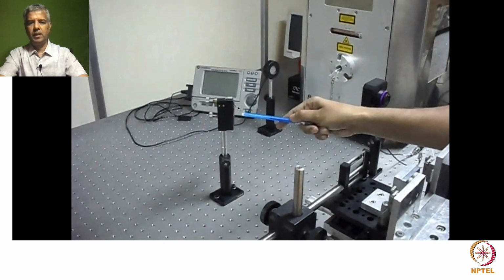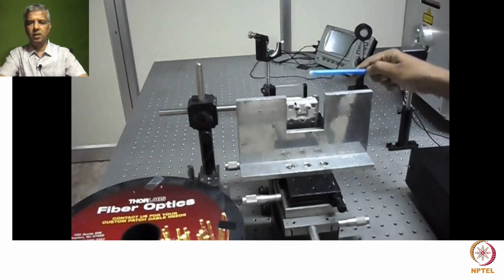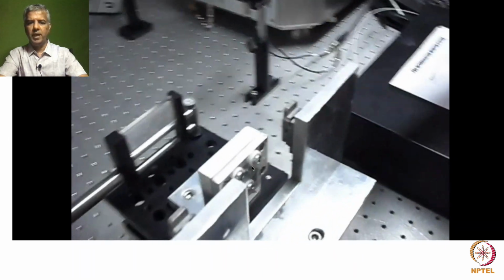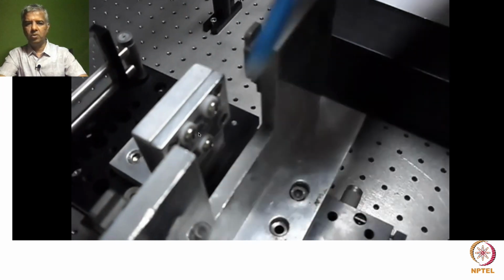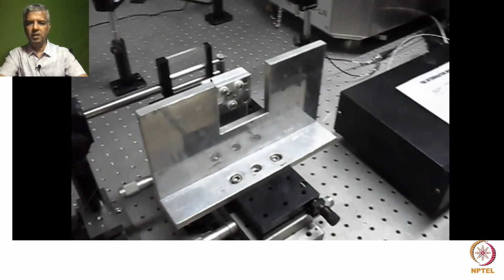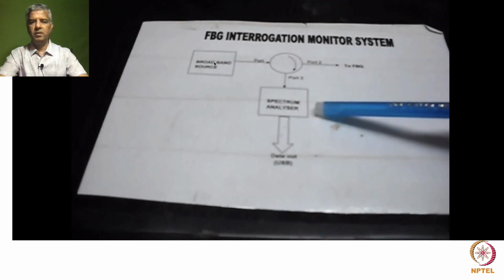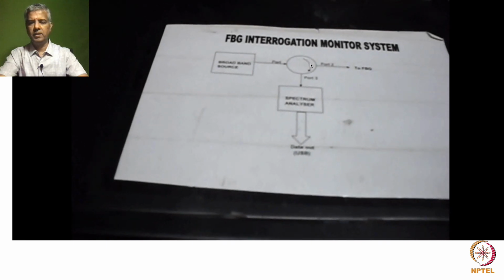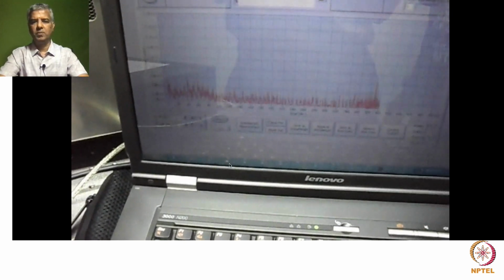The mirror will deflect that radiation in this direction, and we use a cylindrical lens to collapse that beam into a narrow line over here, and this is the phase mask element. Light goes through the phase mask element, and it will be incident on this fiber, which is held by these two fiber holders, and that fiber will be connected to an interrogator. Your interrogator consists of a broadband source sending light through a circulator into this fiber, which is going to get exposed, and the back-reflected light we are going to capture using a spectrometer.